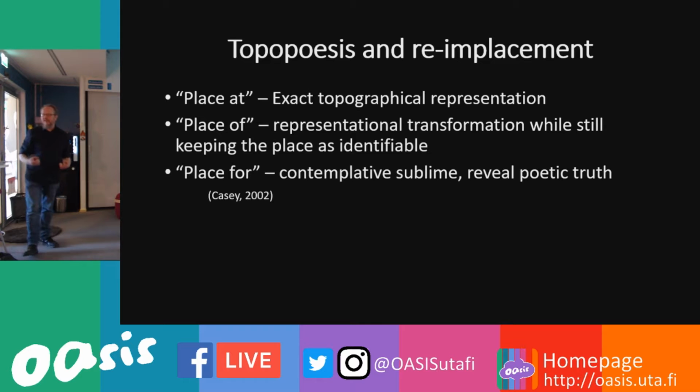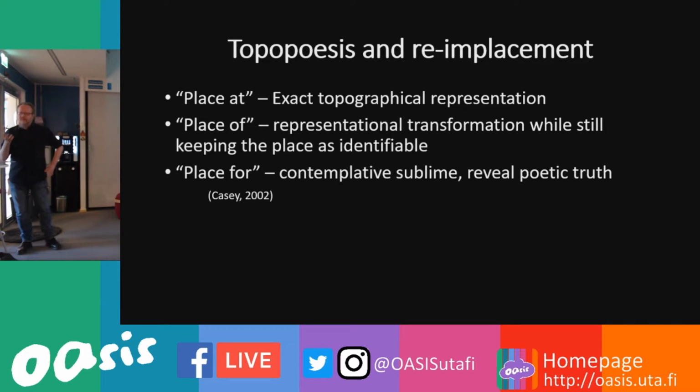And the last one is the place for, which means that the representation is a place for the perceivers' or the spectators' own activity. In games, it is a place for the activities of the player characters.